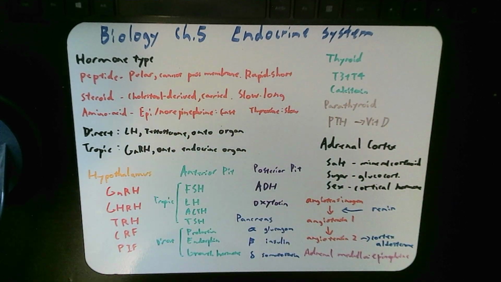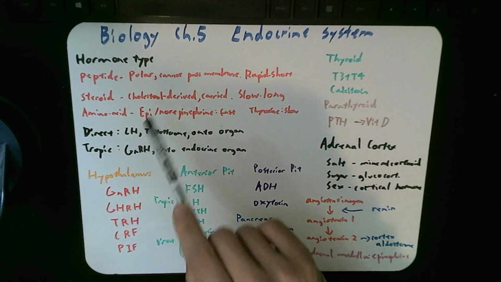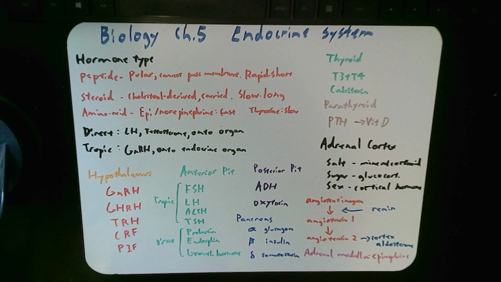Next, we have steroid hormones. Steroid hormones, on the other hand, are bigger and chunkier, but they're non-polar because they're derived from cholesterol. That means they are not freely moved about in the bloodstream without any protein carrying them, so they're carried around by proteins.